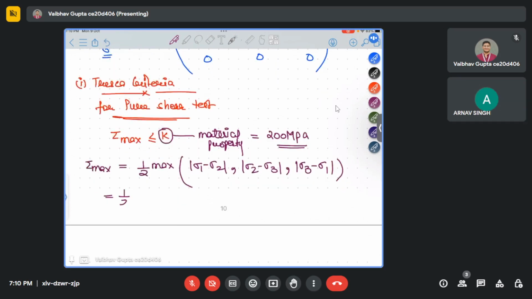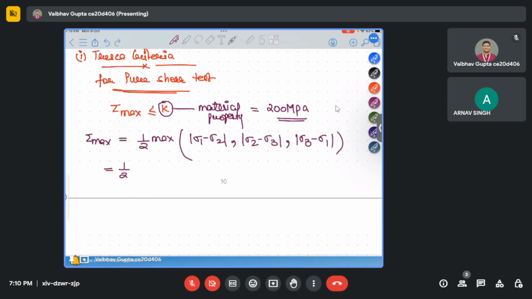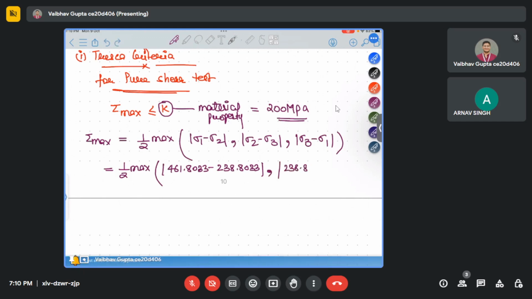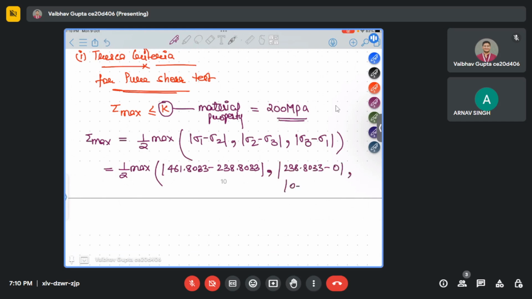So this is half of the maximum of 461.8033 minus 238.8033, comma, 238.8033 minus 0, comma, 0 minus 461.8033. Till now clear?